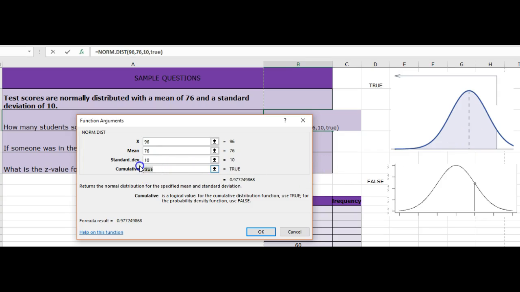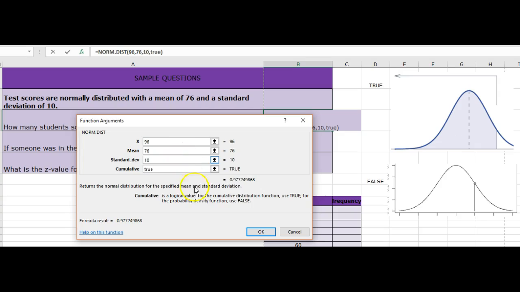If I had typed in the word false, all I would be doing is finding out for just this specific value exactly the percent of the data points that are at this one particular value. So basically just the height, the exact y value at that point. All right. We want to figure out the area under the curve. So you're going to pretty much almost always be typing in true when you're doing these kinds of problems.